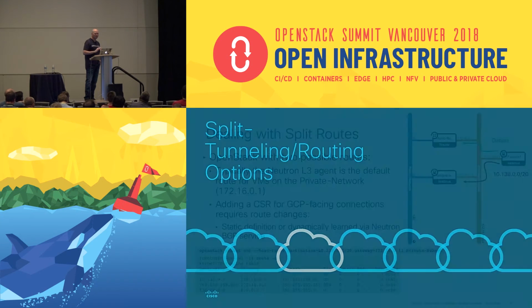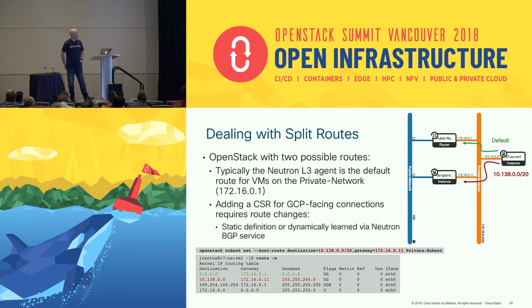So now, a few considerations as we start to wrap up. If you are picking that middle option that I talked to you about, where you are trying to build your virtual router inside of OpenStack and you want to establish your connectivity from there, there are a few things you need to worry about. The first one is, on the far right back here, we've got a virtual machine, and it's normally going to follow the default gateway of our L3 agent and out it goes.